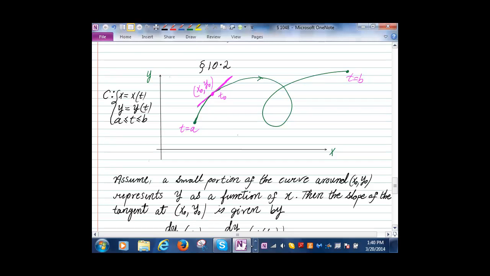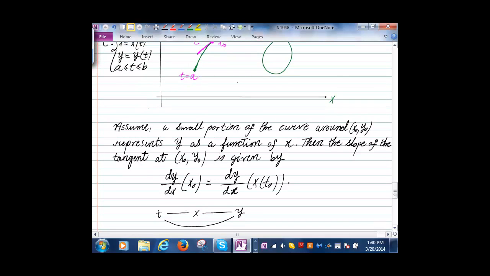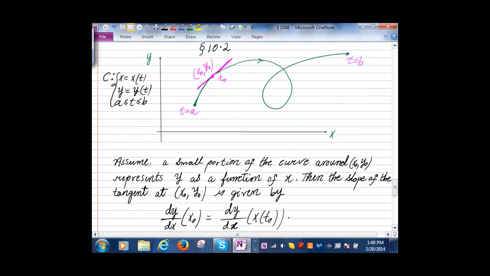So the assumption that I am making here is that a small portion of the curve around the point x0, y0 represents y as a function of x. So I can view this portion as y as a function of x, okay?